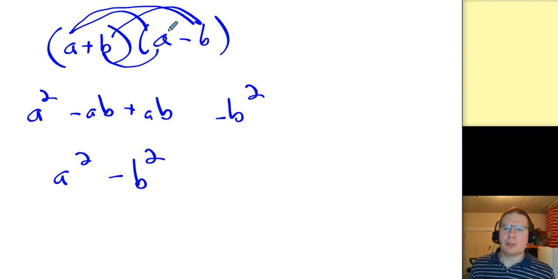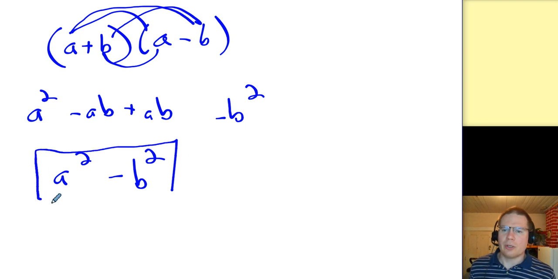But once I multiply, because these middle terms dropped out, instead of 3 terms, it simplifies to only these 2. So this is our simplified version. And this is not a perfect square trinomial because it's not equal to something times itself.